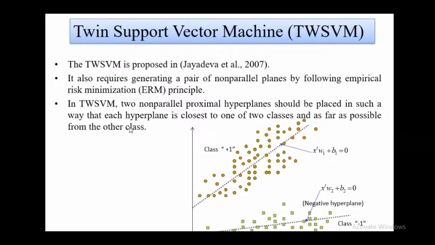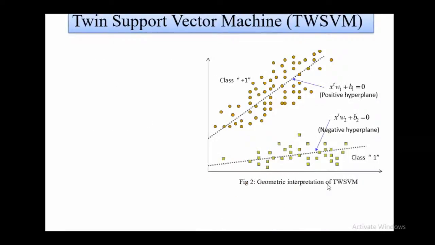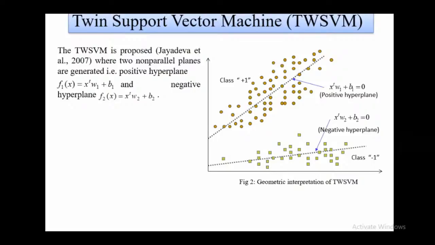How do we represent this mathematically? Let's say f1(x) is x transpose w1 plus v1 equal to 0, corresponding to the positive hyperplane, and f2(x) is x transpose w2 plus v2 equal to 0, corresponding to the negative hyperplane.